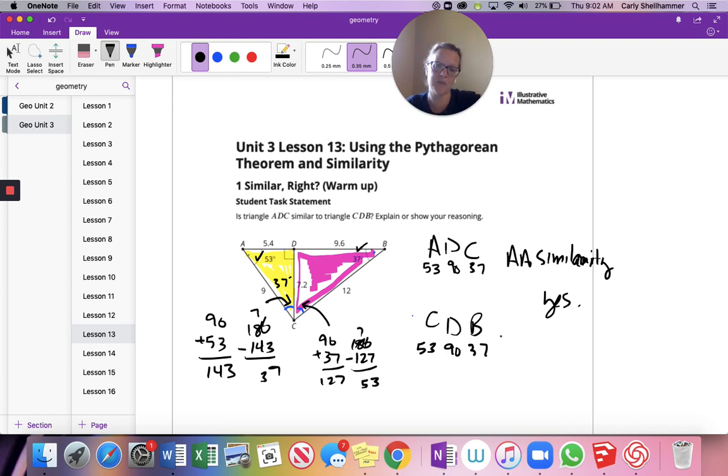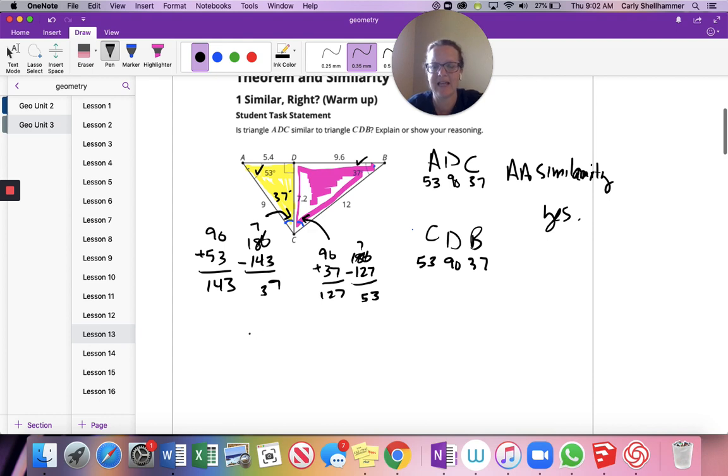And we could write a proof about that, just stating that angle A is congruent to angle C. Actually, I wouldn't go that way. First, I would say that angle DCA is 37 degrees because the sum of interior angles in a triangle is 180.